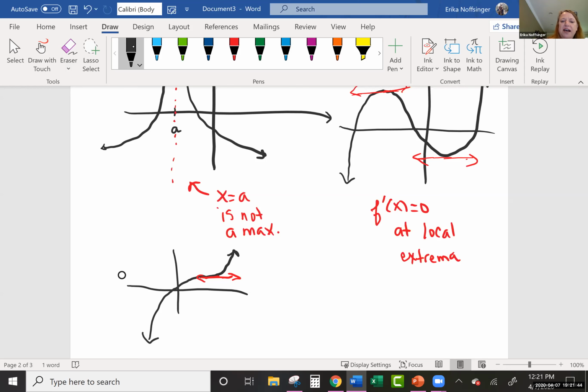And so this value here, I don't know, x equals c, is not an extrema. Questions on that?